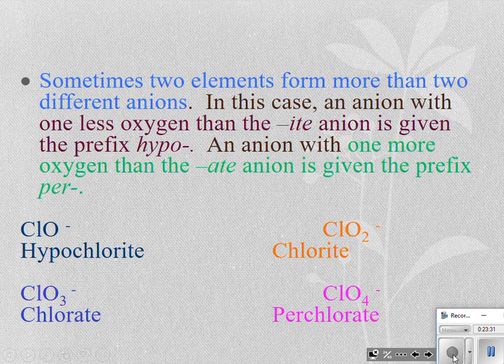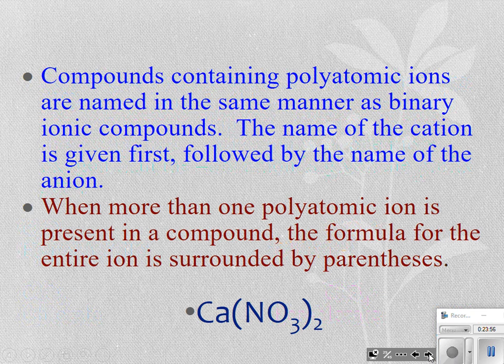One oxygen less than chlorate is chlorite. One oxygen less than chlorite is hypochlorite. The only thing that this slide is saying right here is that if you're using polyatomic ions, you need to have parentheses around them.